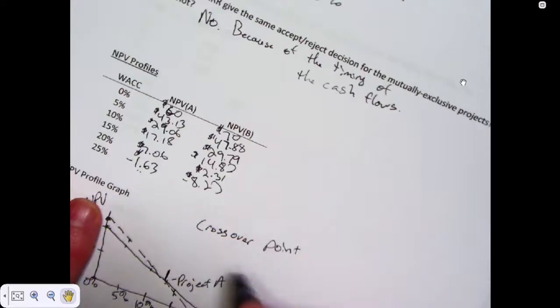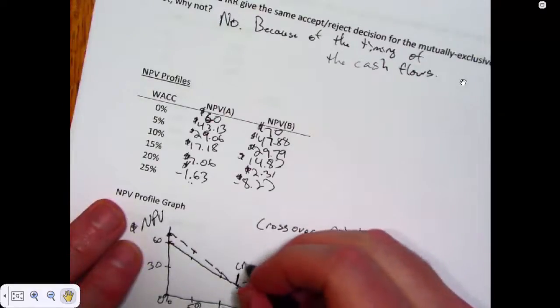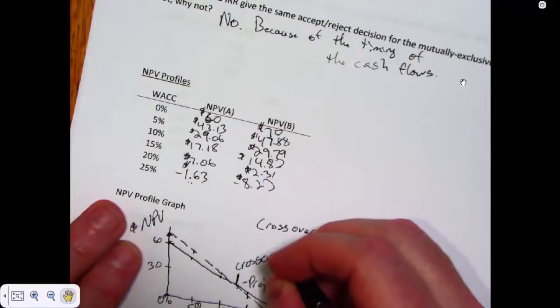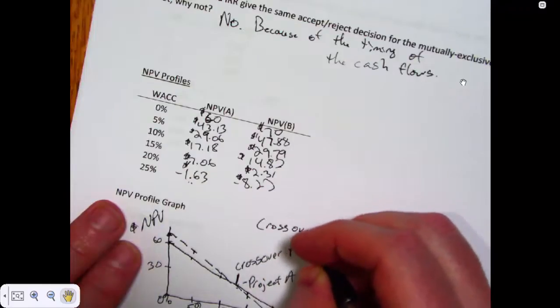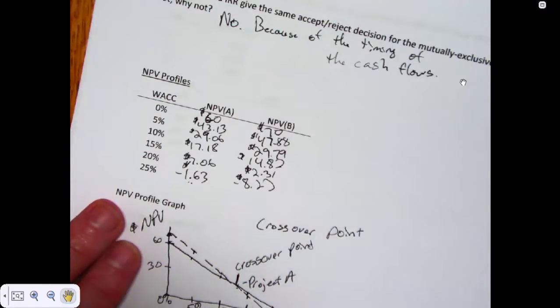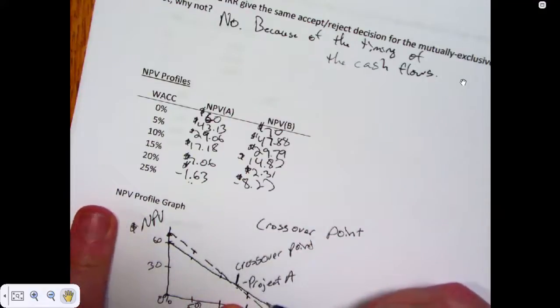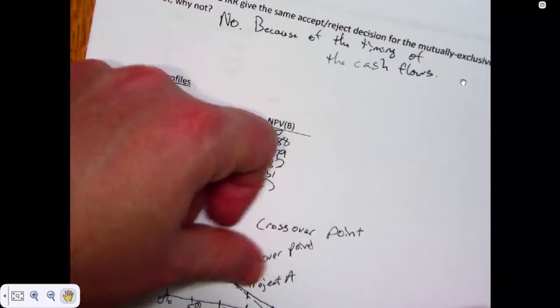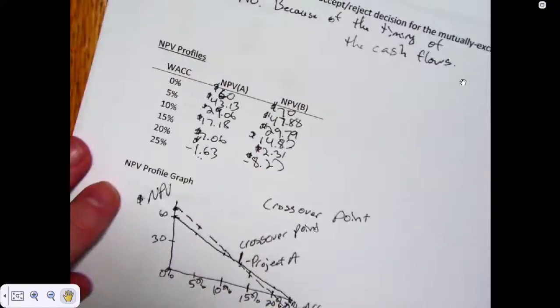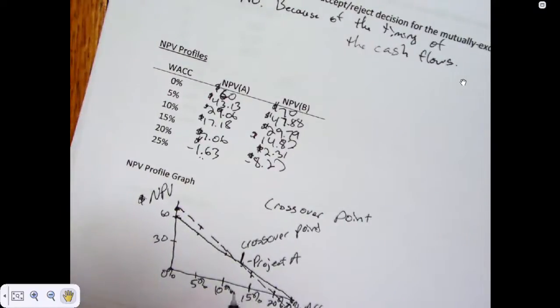Okay. We have a crossover point. That's where Project A becomes more attractive than Project B. Okay. So, and this is probably about 12.5%.